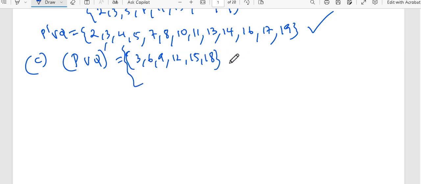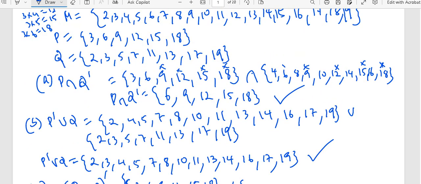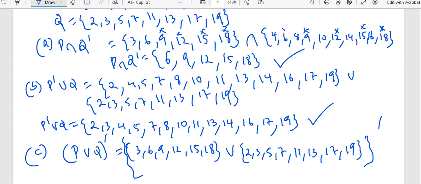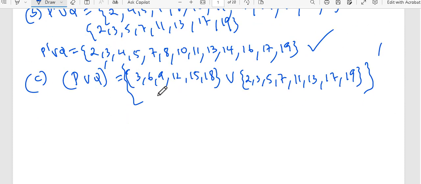Let me do this so it will be easy for us to comprehend. Then the elements in Q are 2, 3, 5, 7, 11, 13, 17, and 19. Remember, we still look for the prime. So now the union is everything in these two sets.